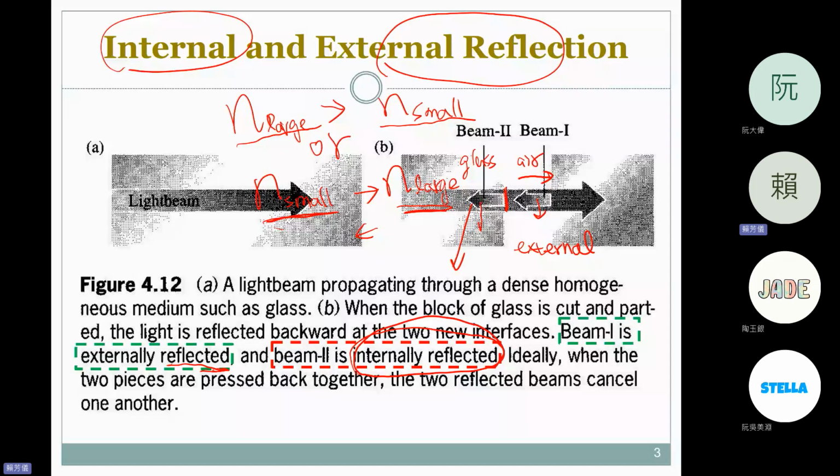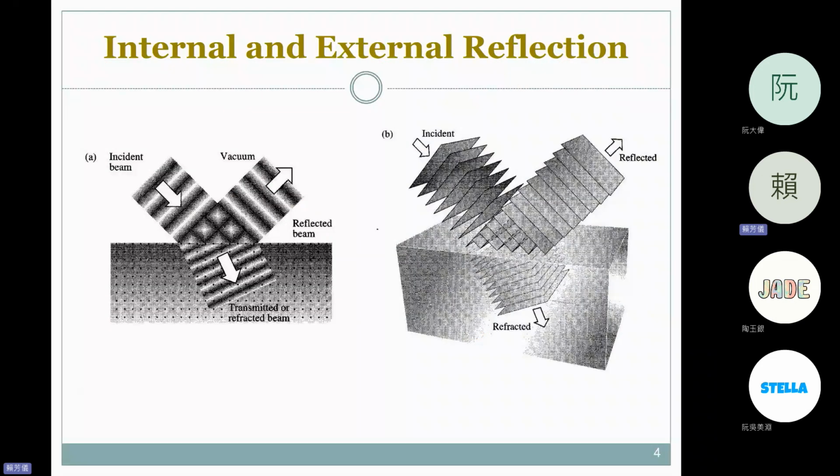Okay, so this shows the internal and external reflection of light. Here you can also see that the figure uses a waveform to show the incident and the reflected light. The flat line means a wavefront.